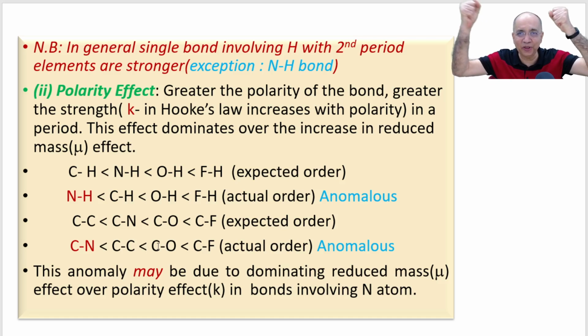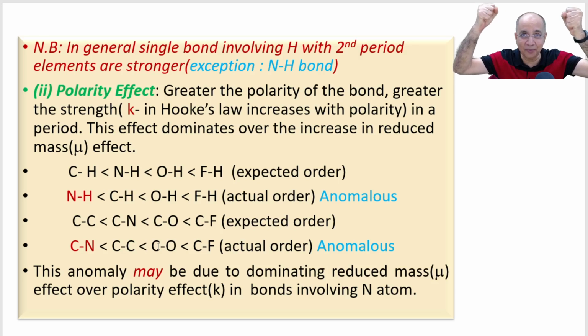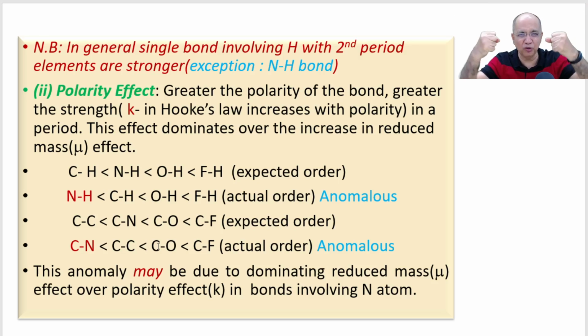Because of the attraction between opposite poles, plus delta, minus delta, the bond oscillator will be stiffened. So K will be more. So, supposing we keep hydrogen constant here and change the other atom from carbon to fluorine in a systematic manner in a period, we are expecting, because the polarity goes on increasing, the bond energy value should go on increasing. Yes, it is largely true, but there is one anomaly.